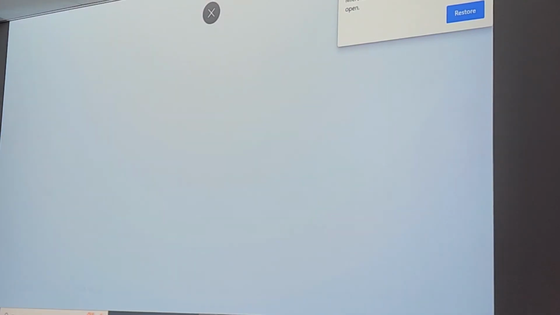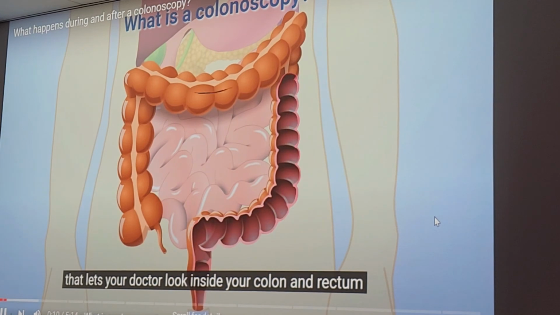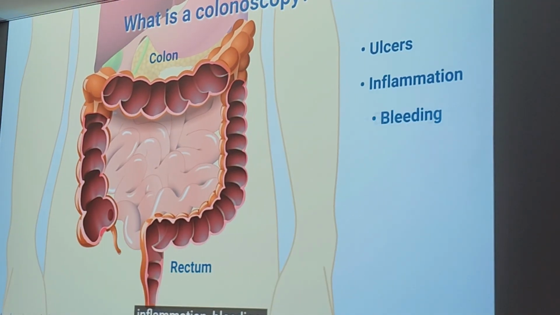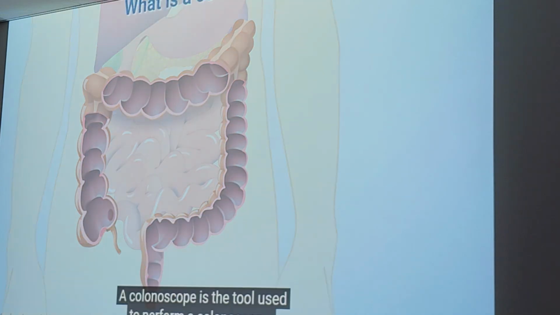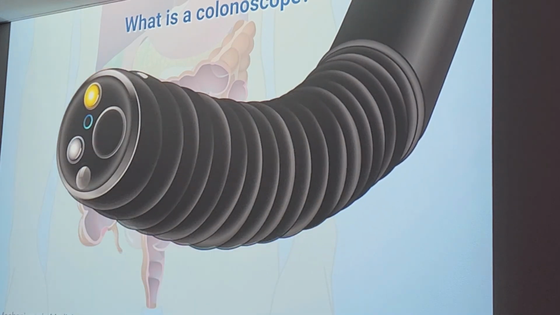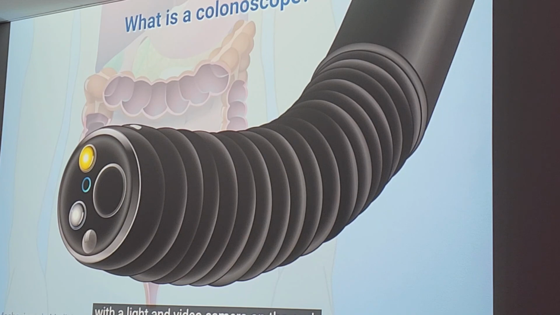A colonoscopy is a medical procedure that lets your doctor look inside your colon and rectum for problems such as ulcers, inflammation, bleeding, polyps, and tumors. A colonoscope is the tool used to perform a colonoscopy. It is a thin, flexible tube with a light and video camera on the end.